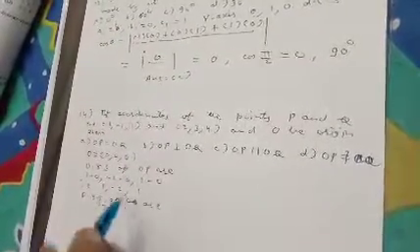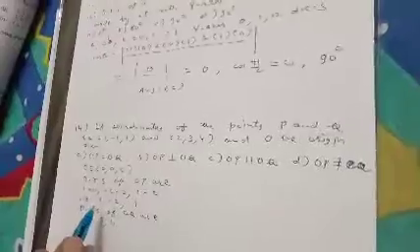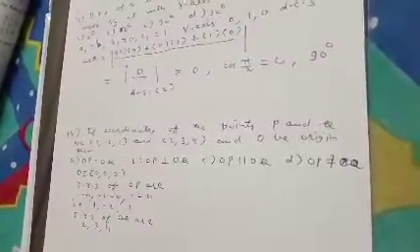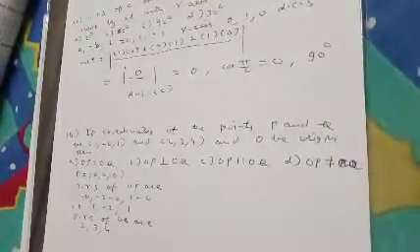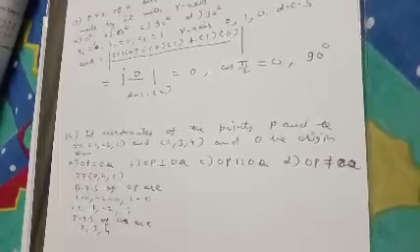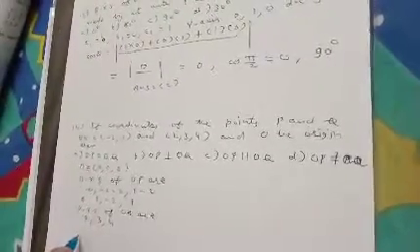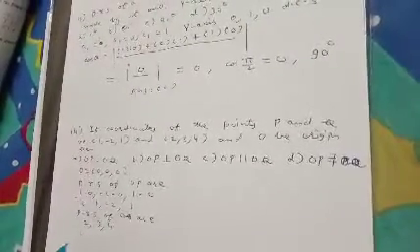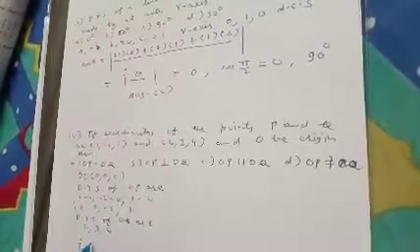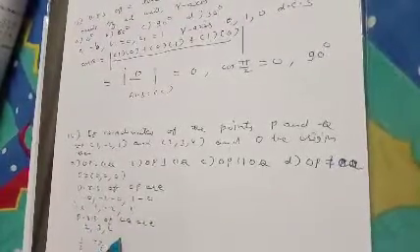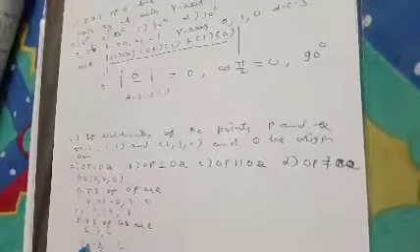Now these are the direction ratios of two lines. Here, if direction ratios are proportional, then the lines are parallel. But we can observe that the ratios of direction ratios, 1 by 2, minus 2 by 3, 1 by 4, are not equal. It means that OP is not parallel to OQ.